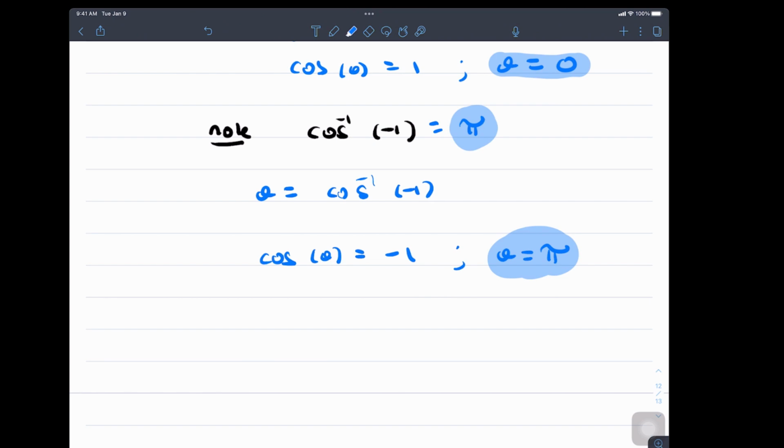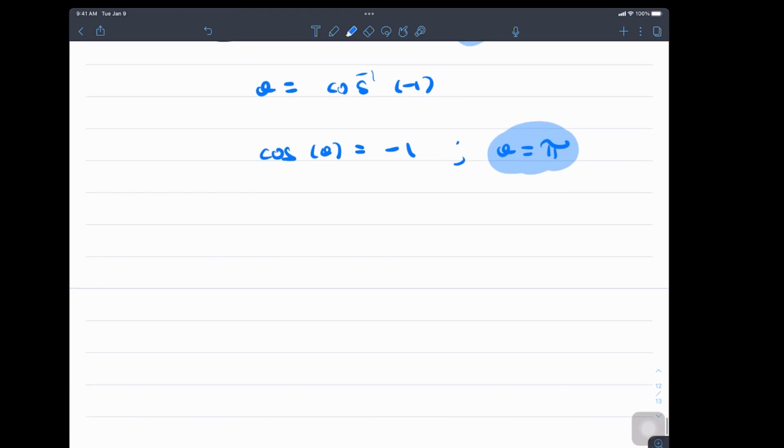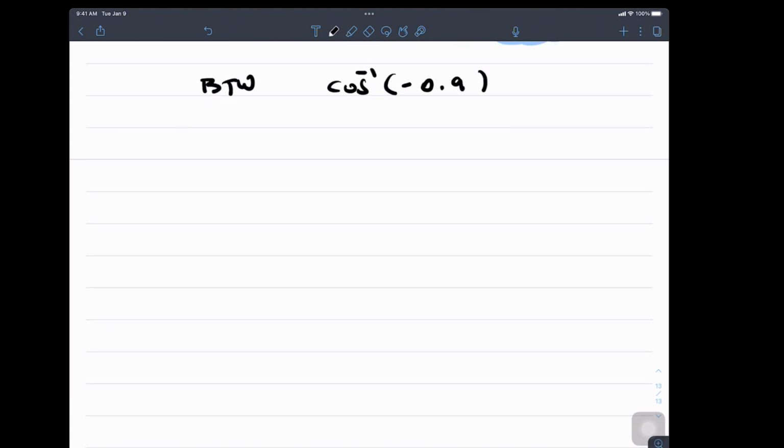Now, I'm going to do a little bit of jumping ahead here. By the way, you may have a question that looks like this: inverse cosine of maybe -0.9. Right? What did we just transition to, by the way?